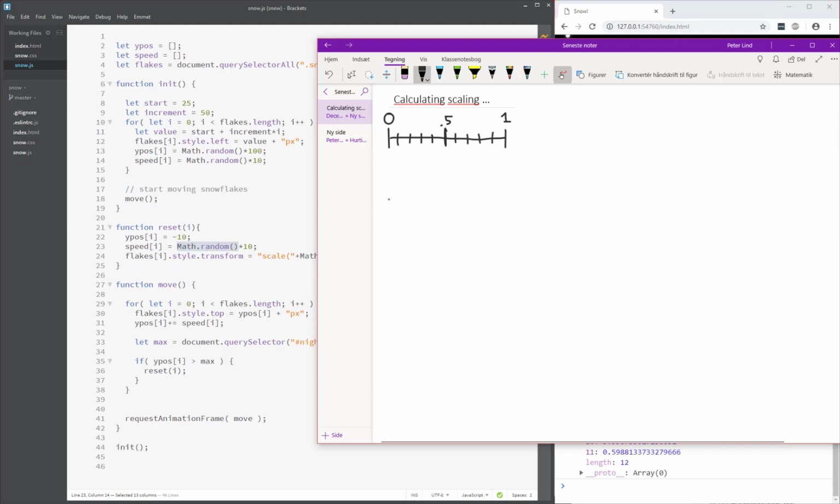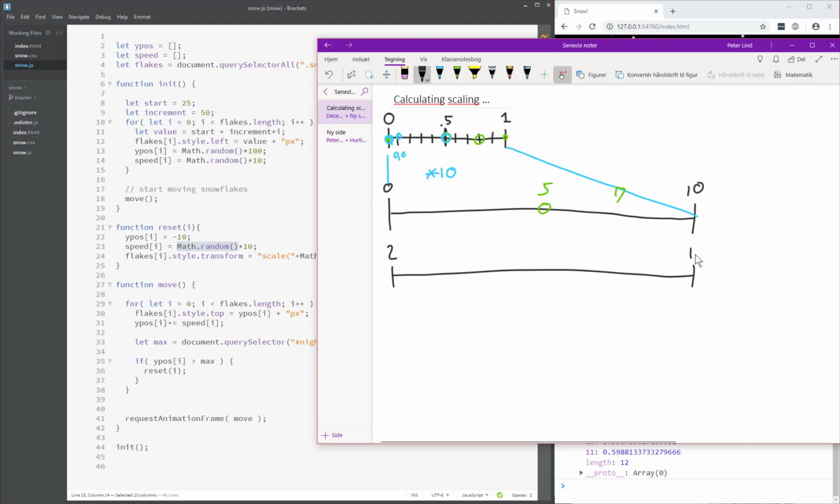If we then wanted to convert it to a number from 0 to 10, we would simply have to scale it up by multiplying by 10. That would be pretty easy. So 0.5 multiplied by 10 would be 5. And 0.7 multiplied by 10 would be 7. So fairly straightforward.